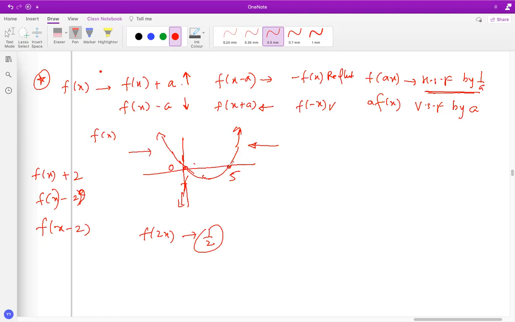So this point 5 becomes 2.5. And this is 0, so the 0 remains at 0 itself. So the graph becomes more compressed like this. This is the new quadratic graph that we get. Of course, the y values are invariant, so y is not going to change. The x values just get divided by 2. So these are the basic transformation skills.